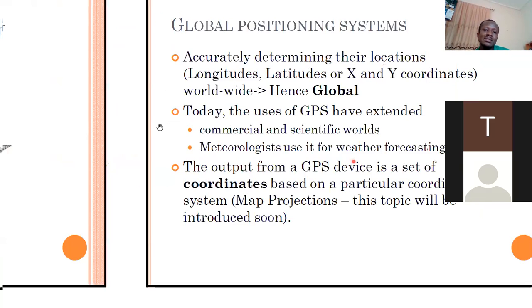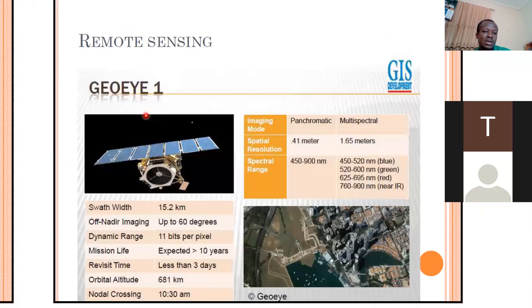So the last primary data acquisition method that we talk about will be remote sensing. Remote sensing is just like photogrammetry. Photogrammetry allows you to mount sensors, which are just like cameras. Instead of mounting the camera on a plane, biplane, helicopter, or drone, you rather have the sensor mounted on a satellite.